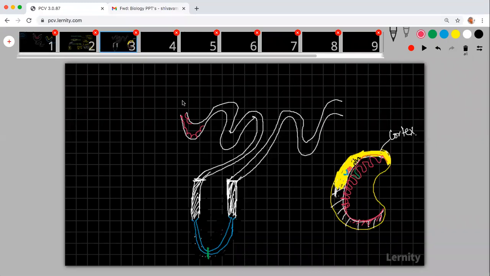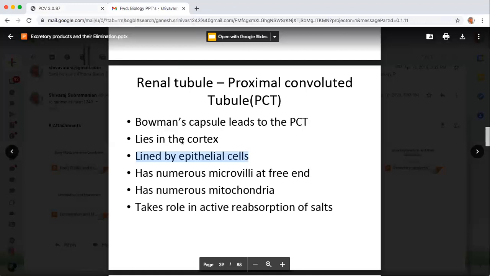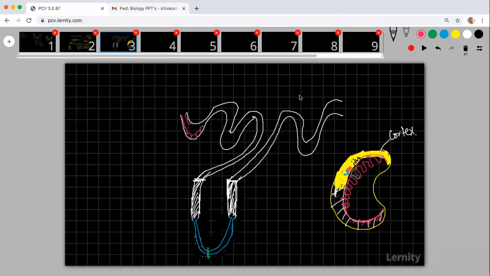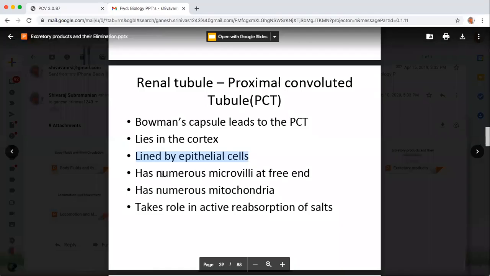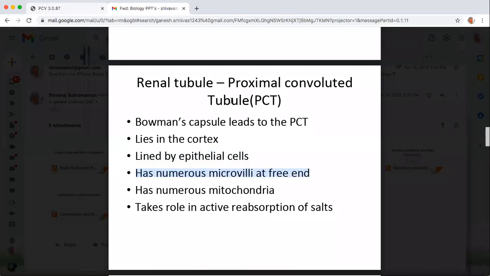Okay, so now coming to this, this is lined by epithelial cells. This entire lining is epithelial cells. Then it has numerous microvilli at the free end.